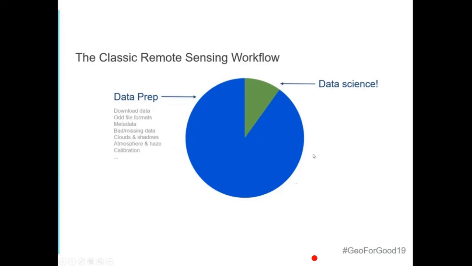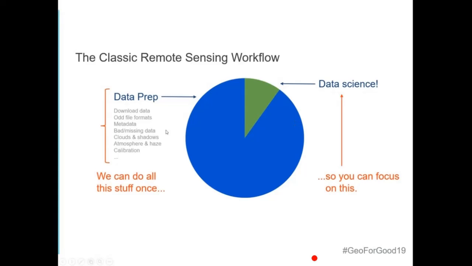If you consider the entire time to do some data analysis, the majority of the time is taken for data preparation, and only a limited time do we actually use for data science. But what Google Earth Engine offers is that we can do all this stuff quickly using their cloud infrastructure, so that we can focus on the science. That is what Google claims and offers us.